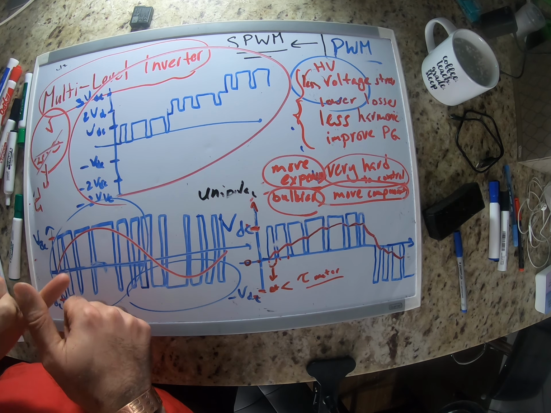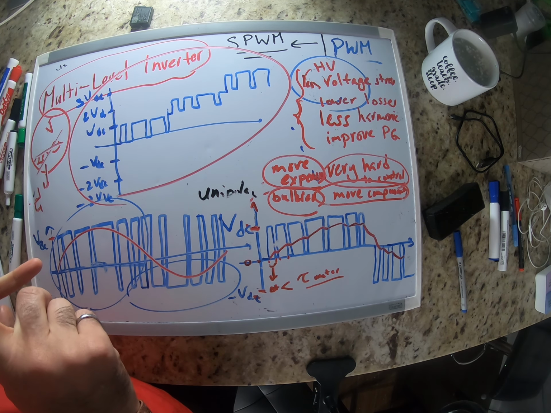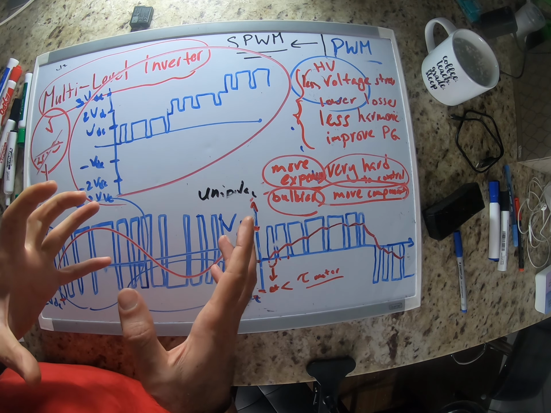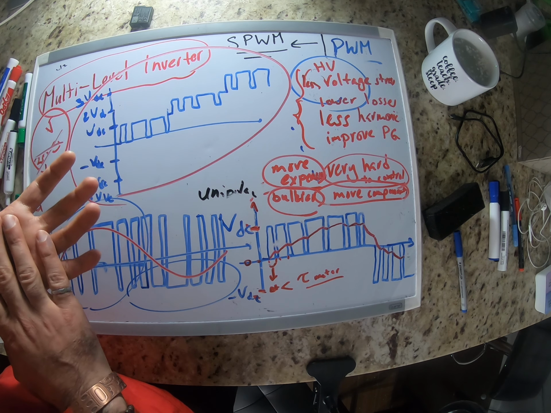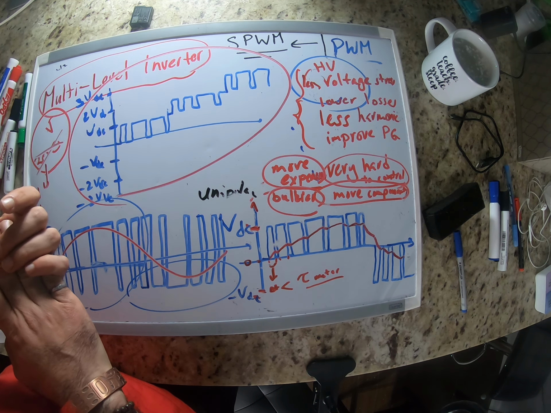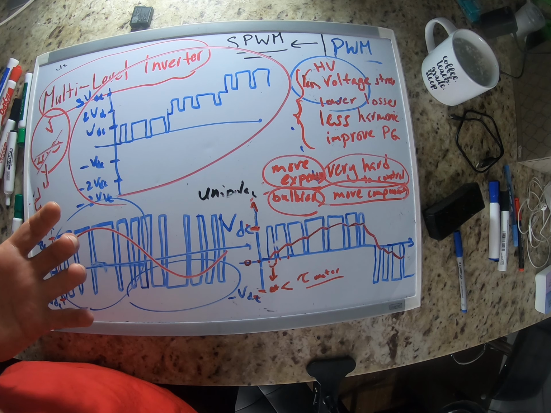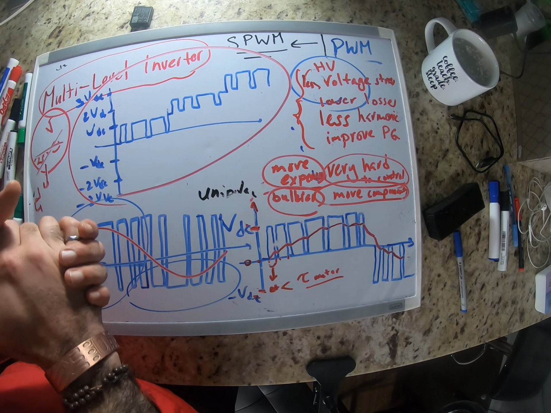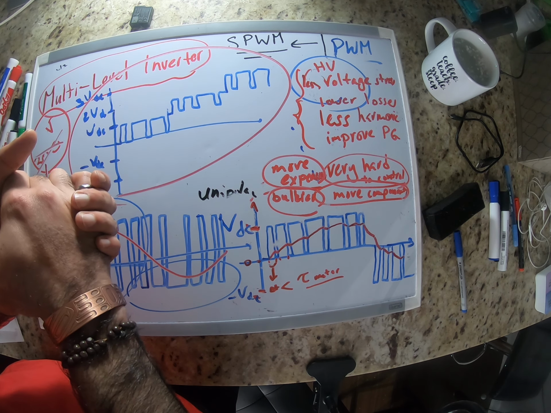One other thing I wanted to mention is that we can filter out harmonics using filters, using passive filters, L and C, right? But usually capacitors and inductors, as you want to have a higher capacitor or higher inductor, they get very expensive.